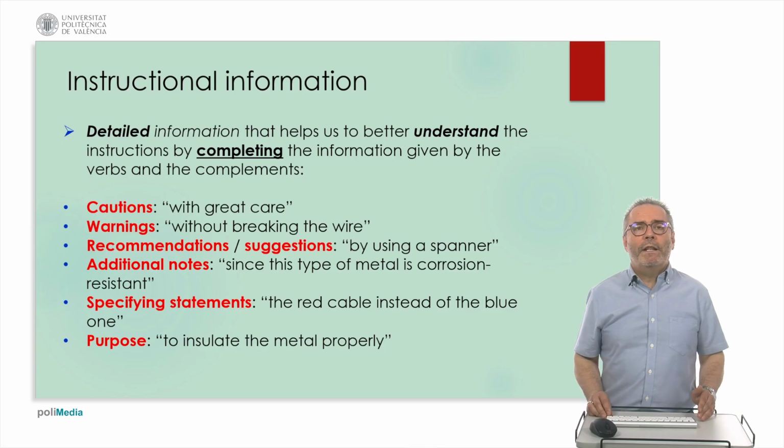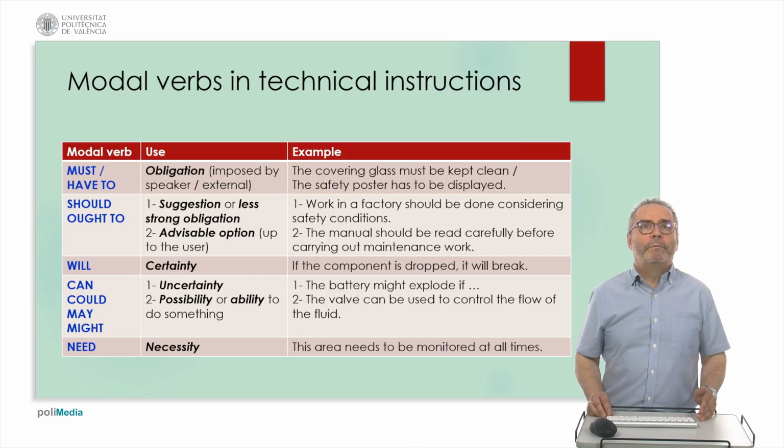They normally give us details about things that are important to understand instructions, such as cautions, with great care, warnings, without breaking the wire, recommendations or suggestions, such as by using a spanner, for example, additional notes, since this type of metal is corrosion resistant. Some specific statements are also possible, for example, the red cable instead of the blue one, or some statements about purpose, to insulate the metal properly, for example.